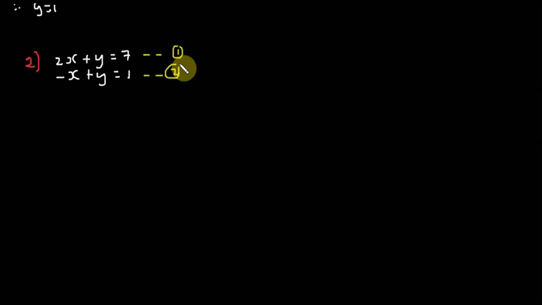Now, at this point in time, in my previous video, for those of you who viewed it, you would have seen that once the coefficients of y or x, or whatever the unknown is, are the same, we subtract them, if the signs are the same, of course.